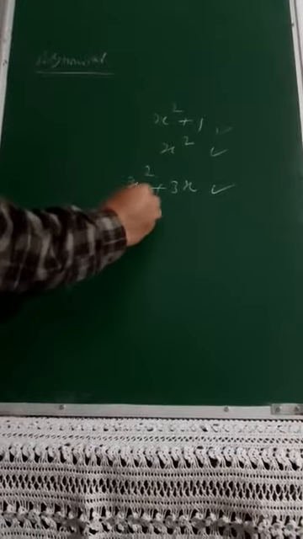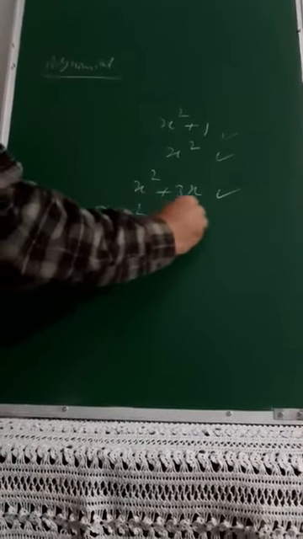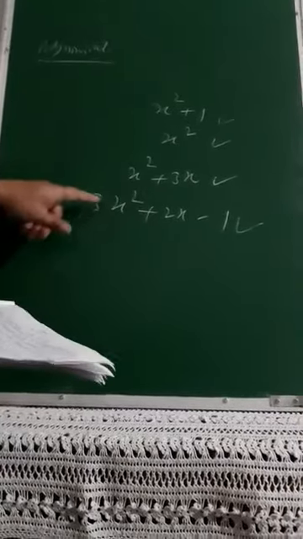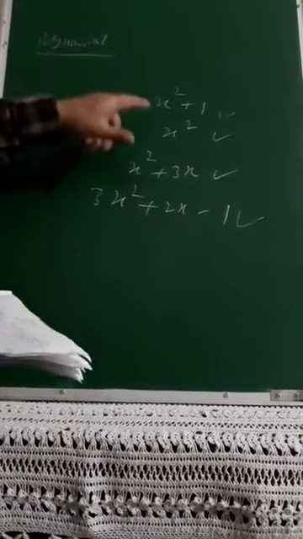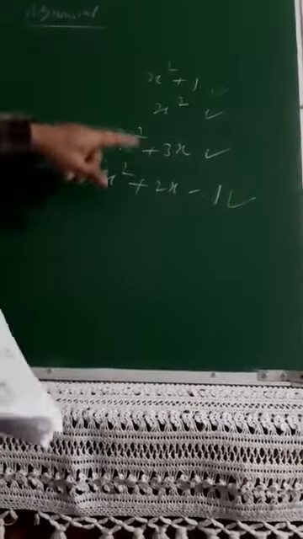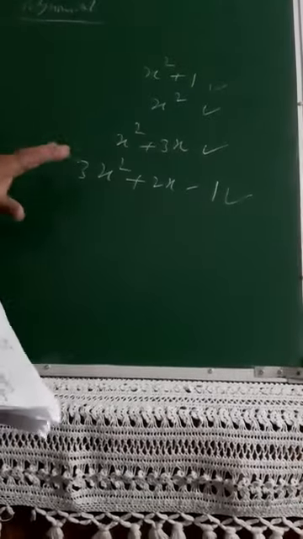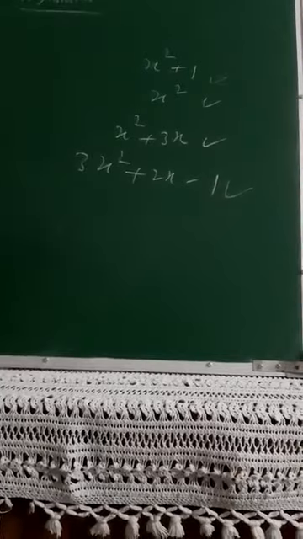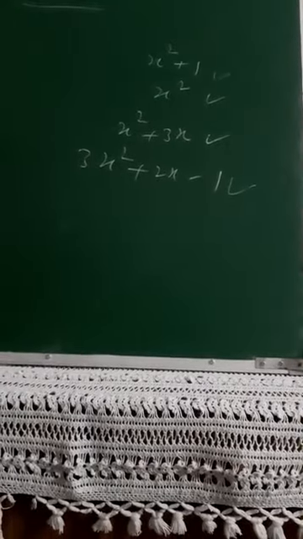Even 3x square plus 2x minus 1, all these are the examples. So degree 2 should not be missing anywhere. Only x square is also a quadratic, x square plus 1 is also, x square plus 3x is also, 3x square plus 2x minus 1 is also. All these are the examples of your quadratic polynomial.